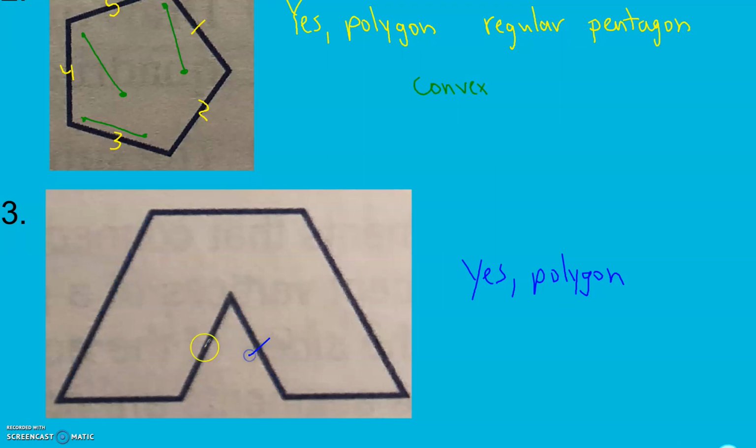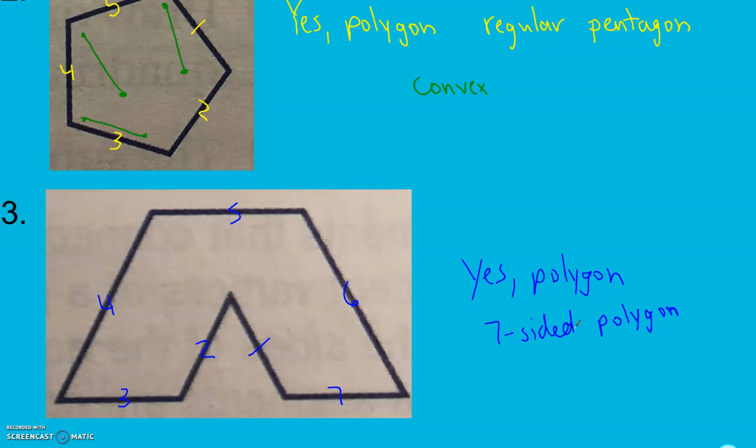We can count up its sides. 1, 2, 3, 4, 5, 6, 7. So we can just say a 7-sided polygon. Heptagon, it's not as common as other things, but you can if you'd like.